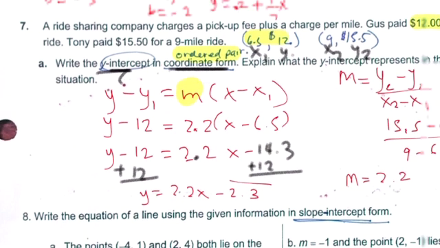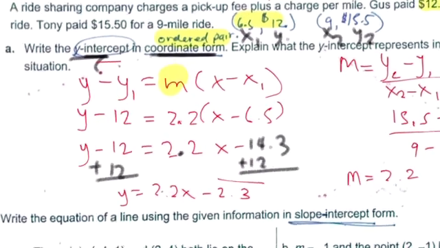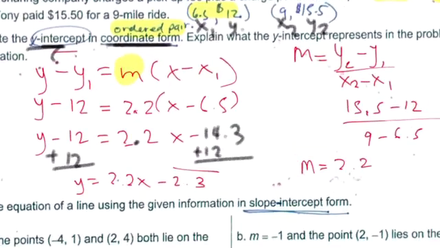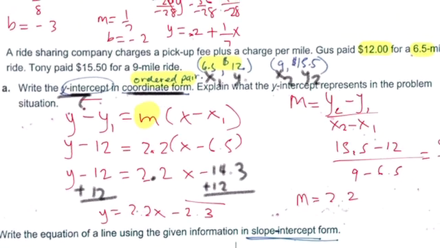Okay, and they ask for slope and, right. Okay, so the y-intercept is, doesn't make sense. The y-intercept should be positive here.